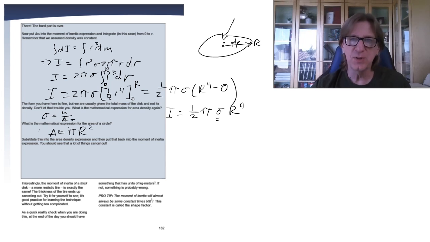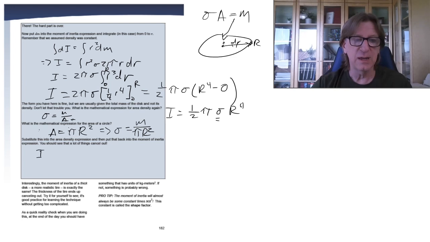If I multiply sigma by the area of the disk, that's going to give me my total mass. So sigma must be equal to m over pi capital R squared. All right, let's plug this into our expression here, and we're going to see a lot of stuff cancels out.